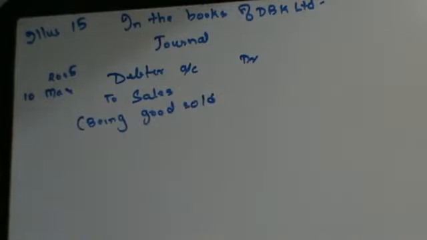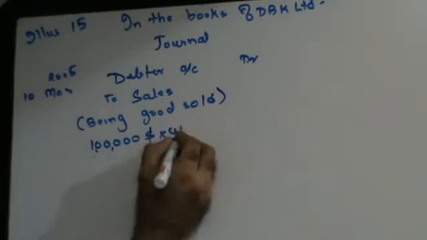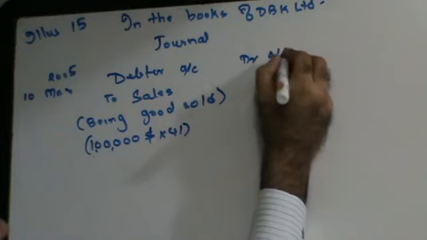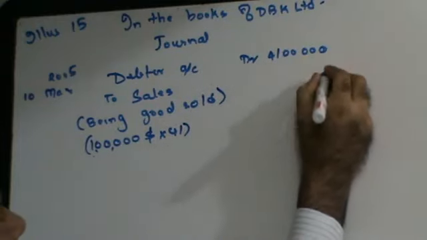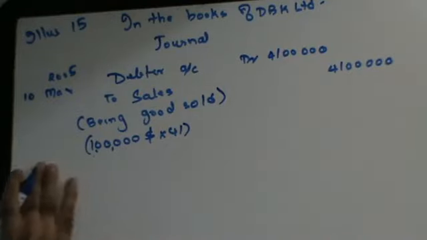How much have you sold? You have sold goods of 1 lakh US dollars at 41. That's 41 lakhs. Being goods sold. We've done that.